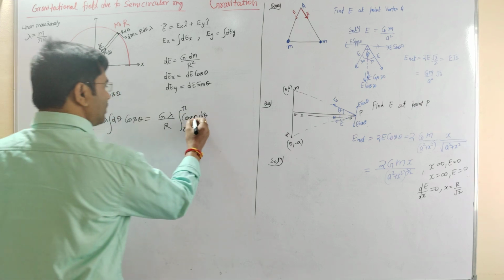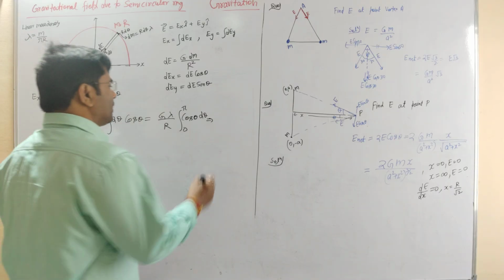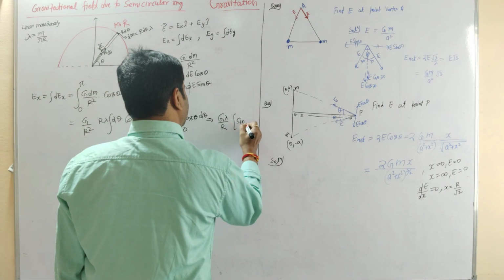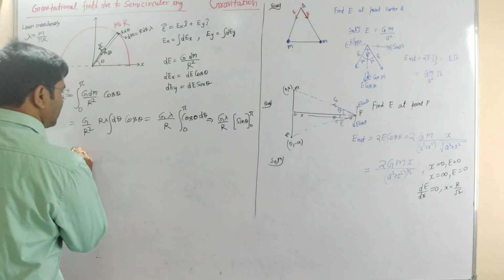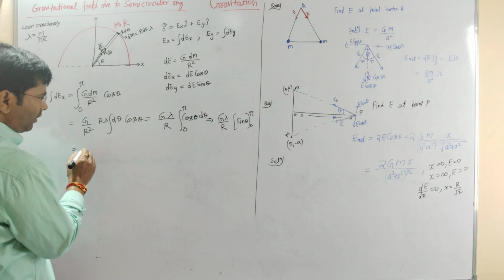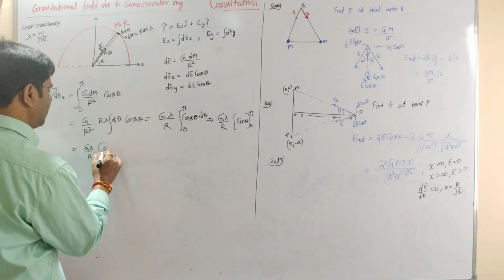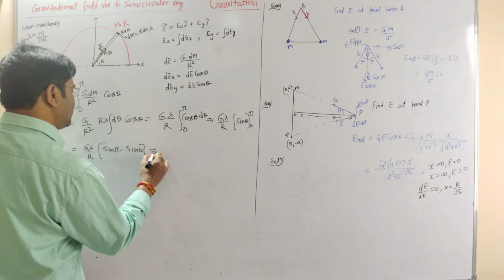What is the integration of cos theta? That is sin theta. So this will be G lambda upon r, sin theta from 0 to pi, which is G lambda upon r into sin pi minus sin 0. What is sin pi? 0.